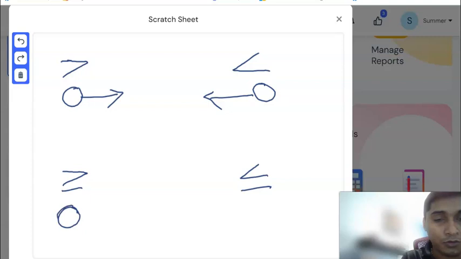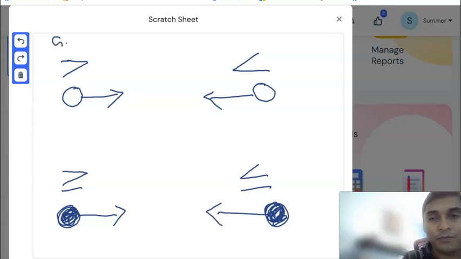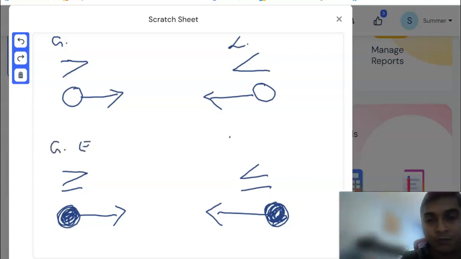Here a closed circle, greater than or equal to, because that particular value is included, it will go to the right. And here less than or equal to, therefore you shade it, but it will go to the left.